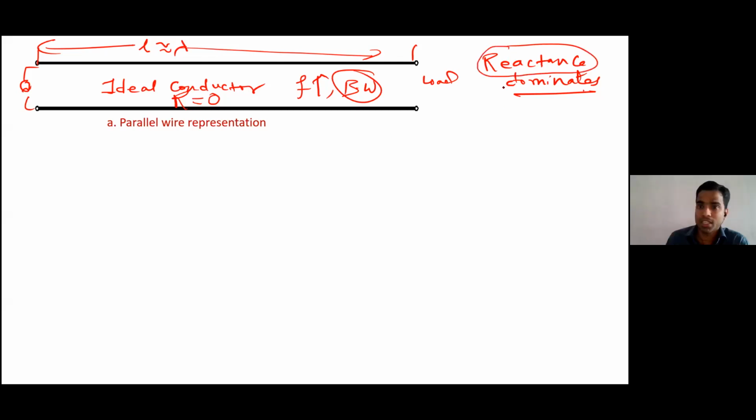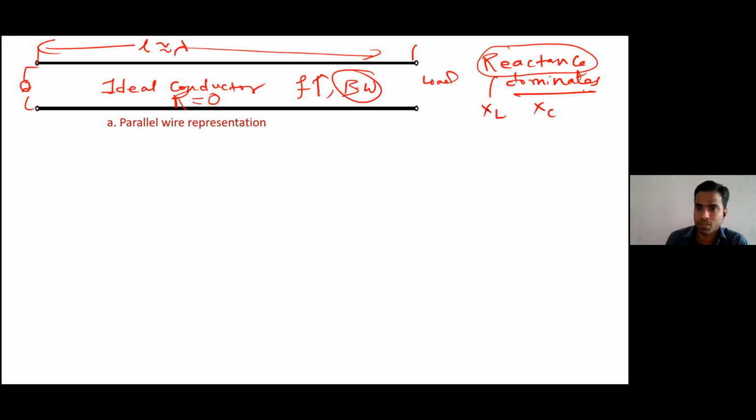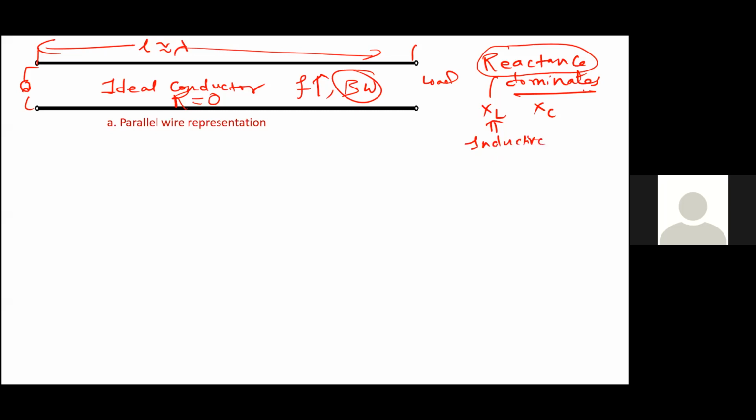Yes, so basically XL and XC. What is XL? Reactance due to inductors. So basically it is inductive reactance, right? And XC is capacitive reactance.